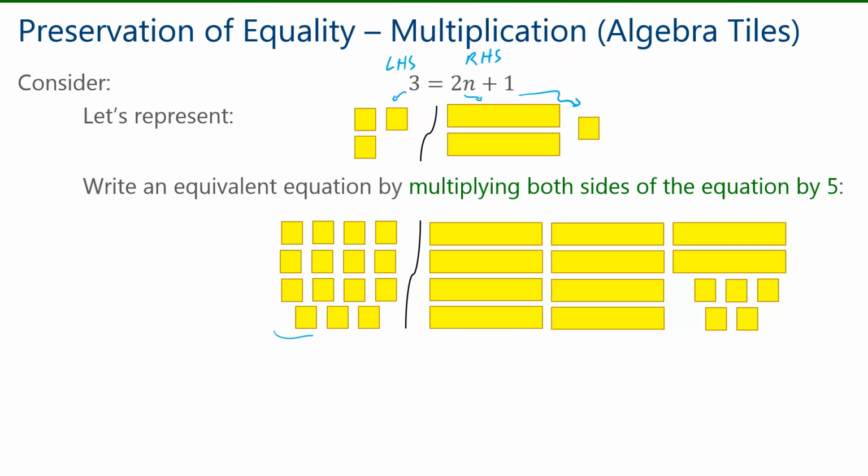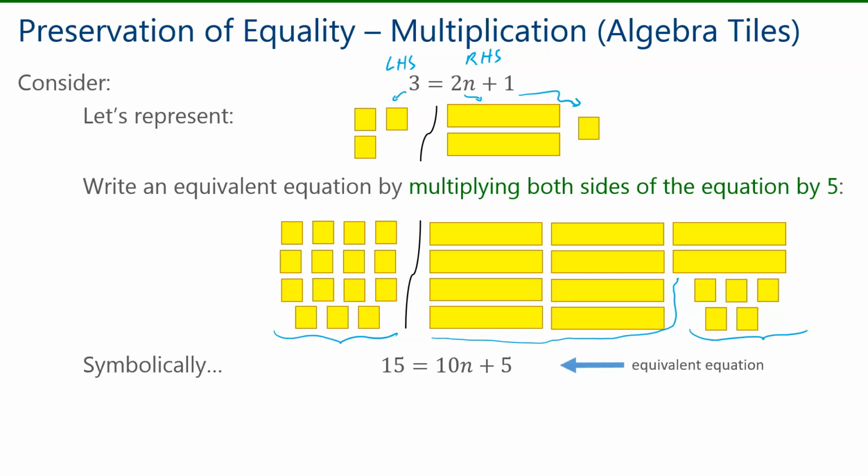Now on the left-hand side, 5 groups of 3 units will give me 15 units. 5 groups of 2n will give me 10n. And 5 groups of 1 will give me 5. Symbolically, this gives us 15 equals 10n plus 5. This is our equivalent equation.